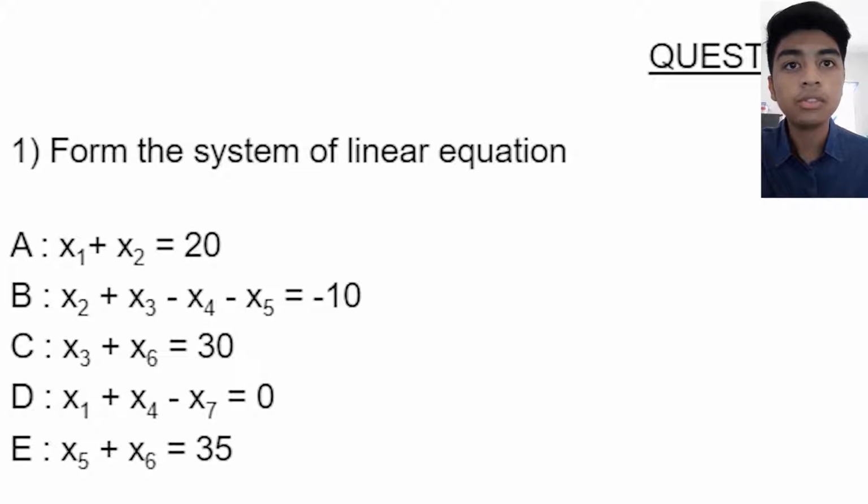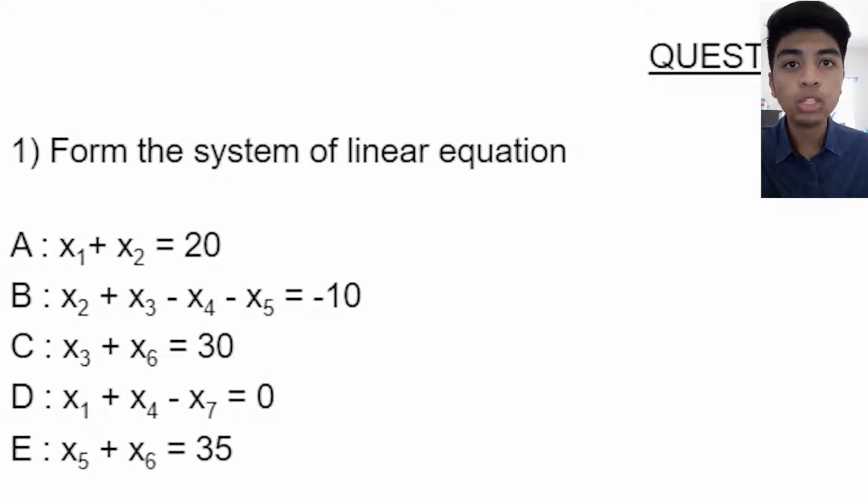From the question above, we can get 5 linear equations, and from the 5 linear equations we can form a system of linear equations. The first linear equation we get is x1 plus x2 equals 20. The next one is x2 plus x3 minus x4 minus x5 equals negative 10.